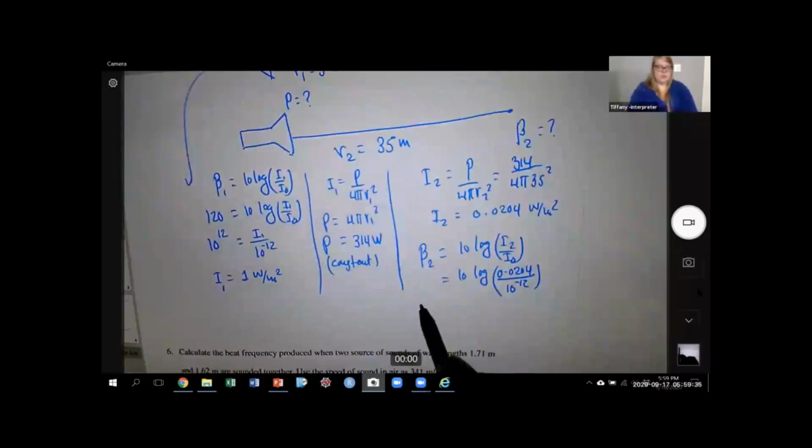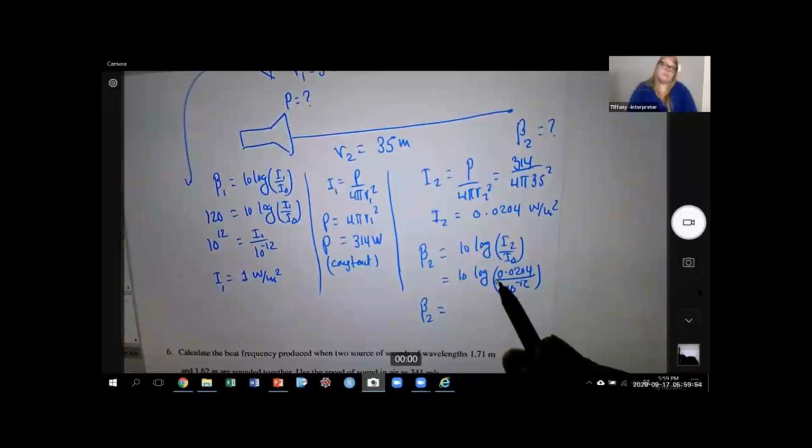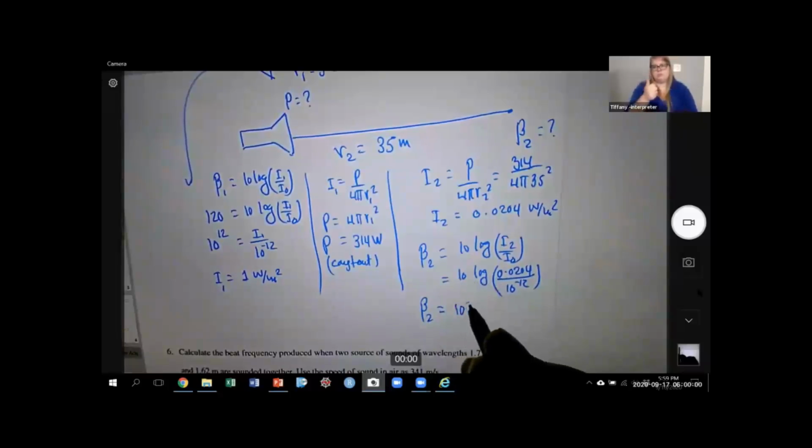The log of that is going to give me 10.3. 10.3 times 10 is 103 decibels.